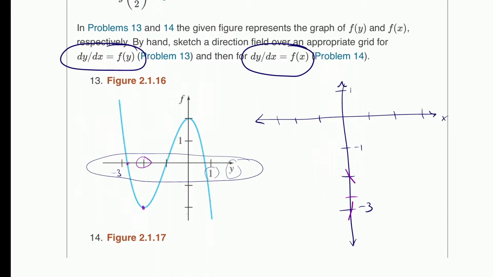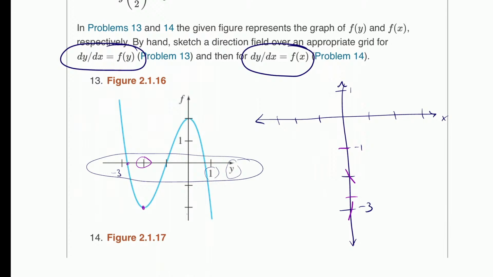So what you have to do is imagine that this just tells you what the slope is going to be on our grid. So the slope when y is -3 is really big. The slope when y is -2.5 or -2.7 is 0. And then when y is -2, the slope is -2. When y is -1, the slope is 0. So you see how this works out?